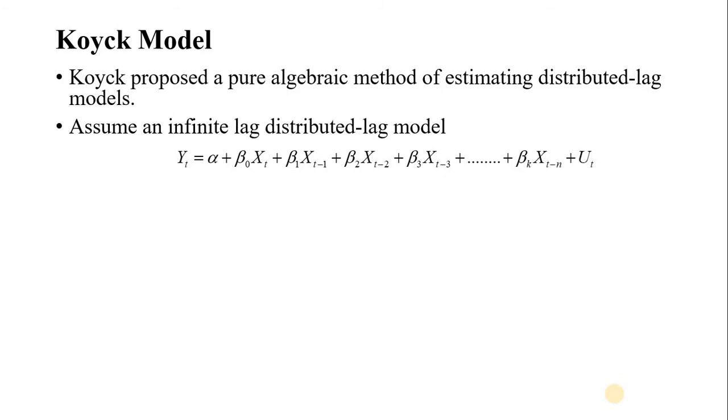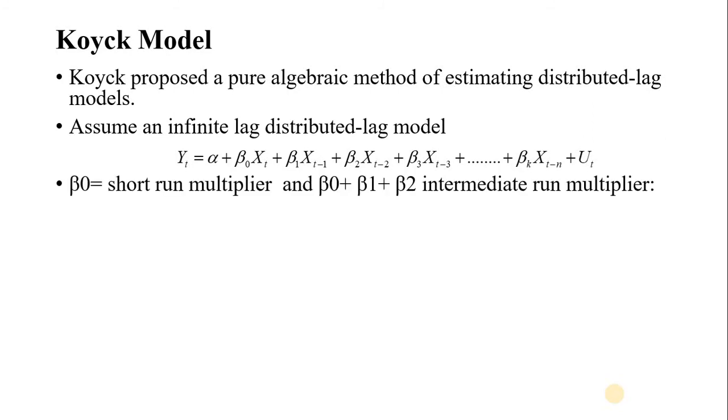As I told you before, in this model beta 0 is the immediate impact, beta 1, beta 2 give the intermediate impact, and the sum beta 0 plus beta 1 plus beta 2 up to beta k gives the long run parameter.